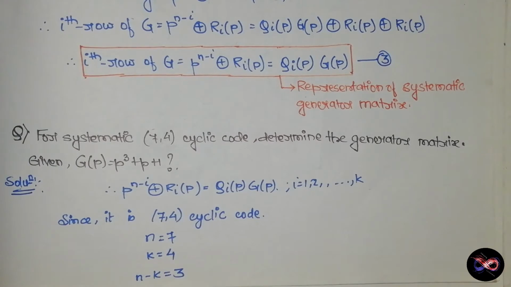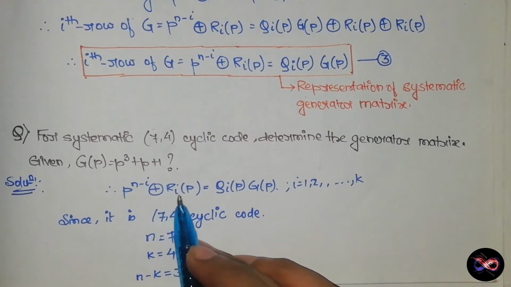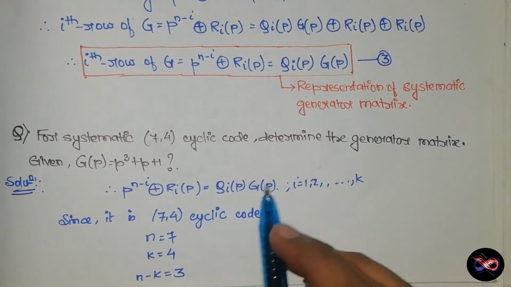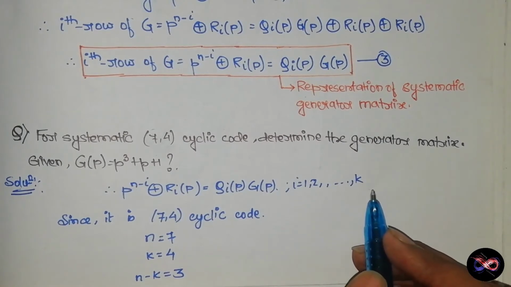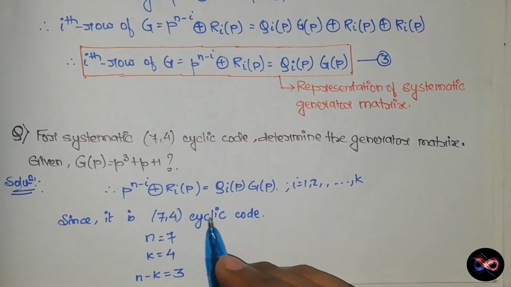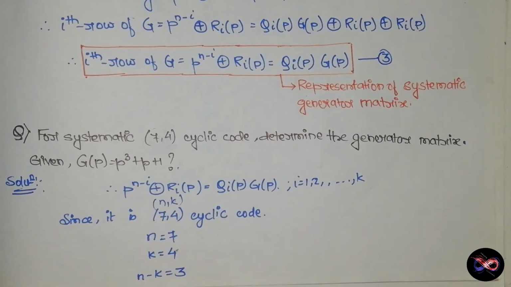So we know the general form of the generator matrix is p to the power n minus i XOR r_i(p) is equal to q_i(p) into G(p), and i can be from 1 to k. Since it is a (7,4) cyclic code, it is obviously (n,k). So the value of n is 7, the value of k is 4, and the value of n minus k is 3. So we got every dimension of the matrices.